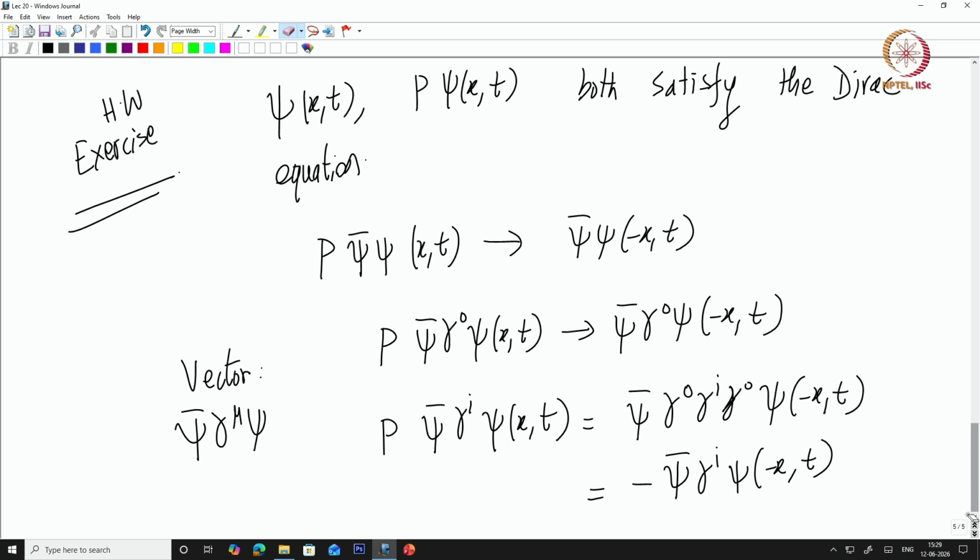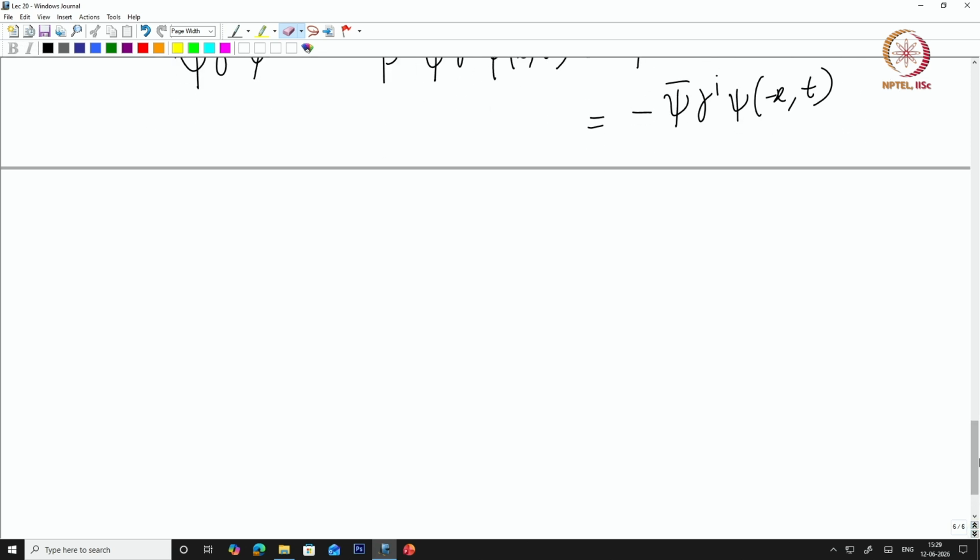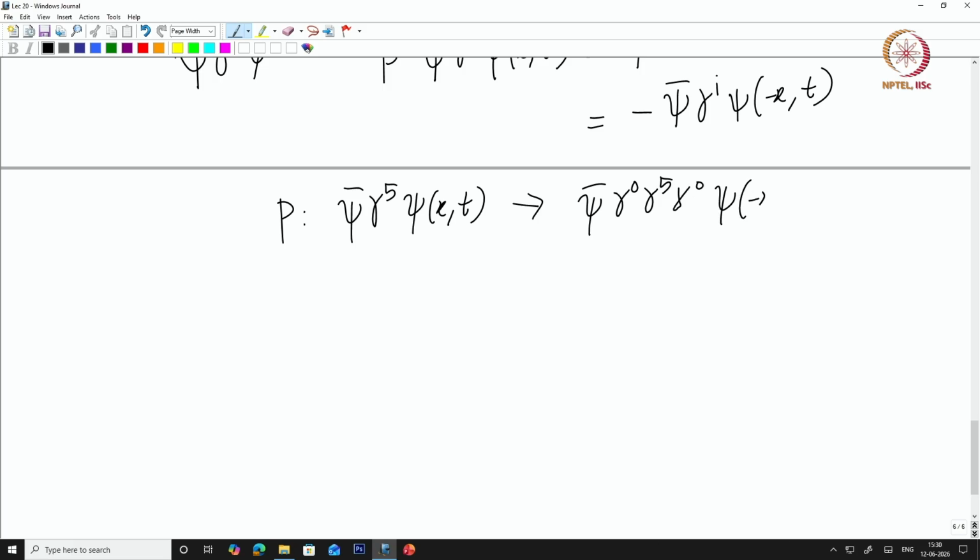Now, we have defined gamma 5. P acting on psi bar gamma 5 psi of x, t goes to psi bar gamma 0 gamma 5 gamma 0 psi of minus x, t, that goes to minus psi bar gamma 5 psi of minus x, t.